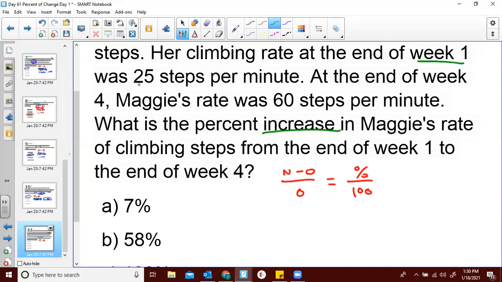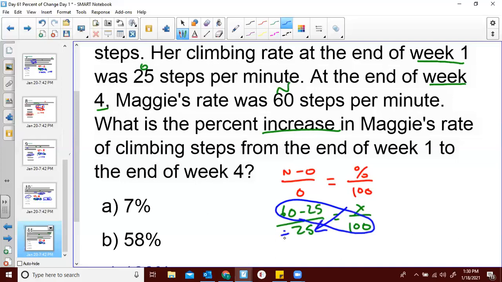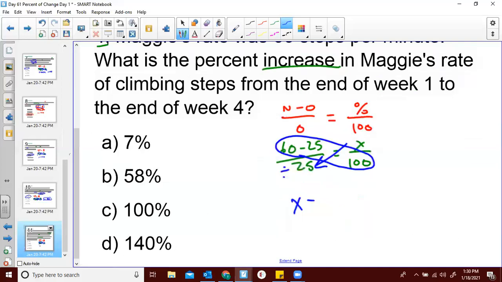Week 1 is 25, and then week 4 she's at 60. So week 4 would be my newer number, and week 1 would be my older. So 60 minus 25 over 25. All right, and again, cross multiply, divide by x's partner, and you'll see that x is going to equal 140%.